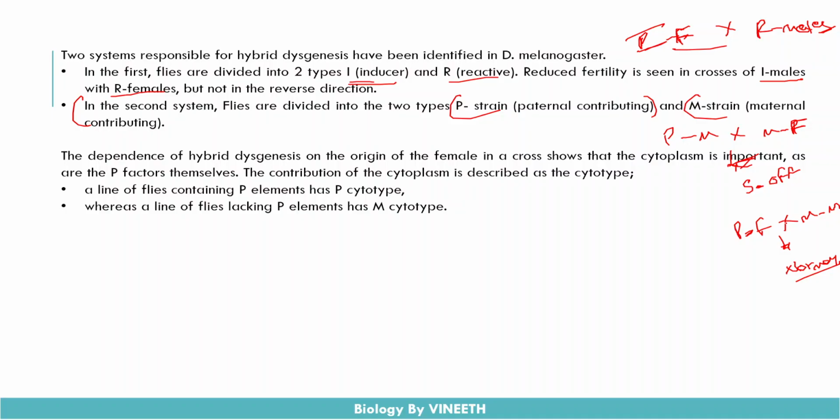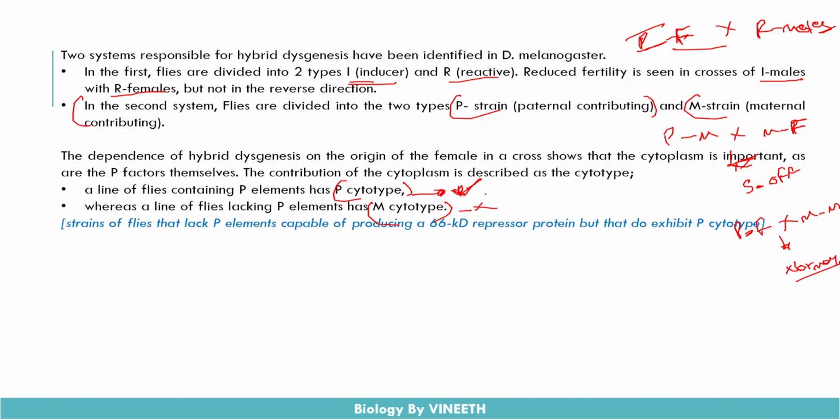The lines or strains of flies that contain P elements are regarded as the P cytotype, while the strains which lack the P elements are considered as the M cytotype. So the P cytotype strains or lines contain the P elements, while the M cytotype doesn't contain any kind of P elements.